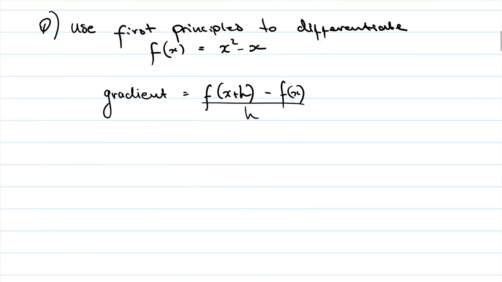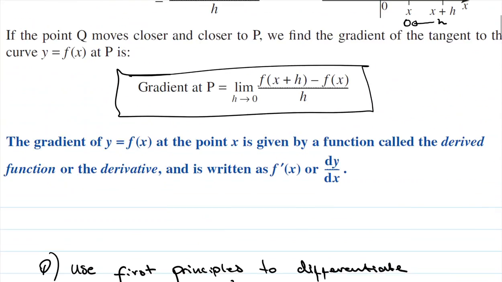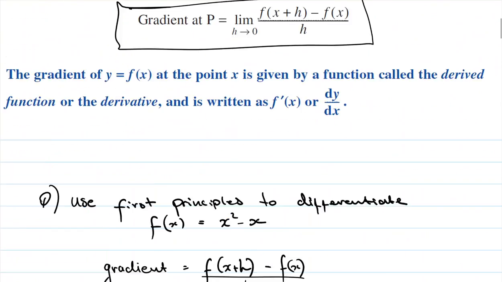Alright, so let's use first principles to differentiate f of x is x squared minus x. We know that we've got our formula for gradient, and we derived it from the graph over here.